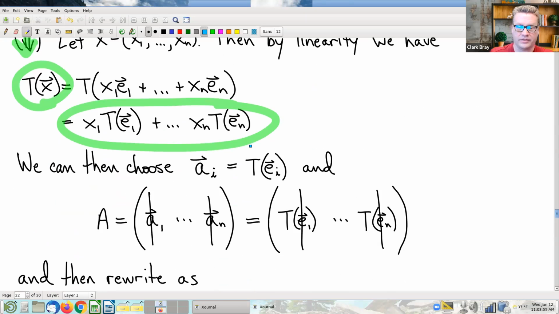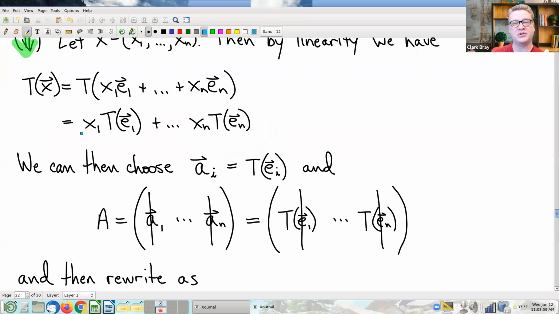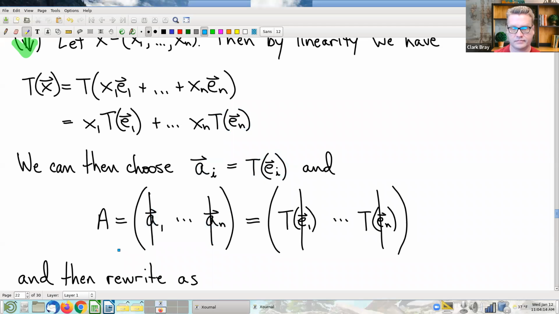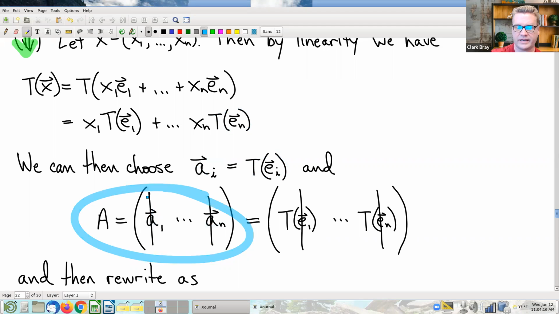I want to connect this to matrix multiplication. So I need to make these things here the columns of my matrix. So I make that choice. Now I've got this matrix A, whose columns are those images.